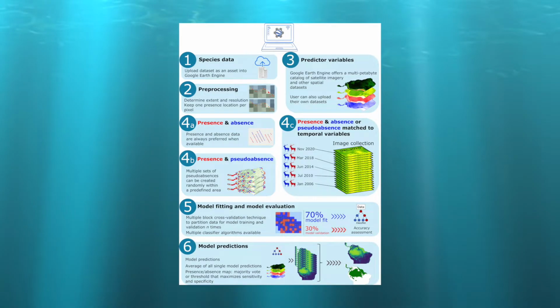With that clear, we're going to now move into the general workflow that we developed to fit the species distribution models in Google Earth Engine. The diagram shows all the steps that take place for the general model, the most basic one we're going to start with and develop. And this will serve as the basis for other adaptations.